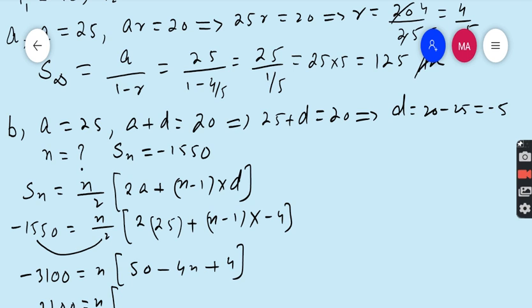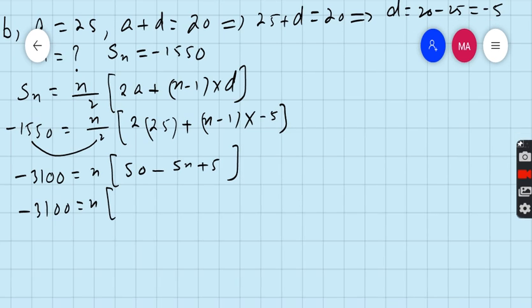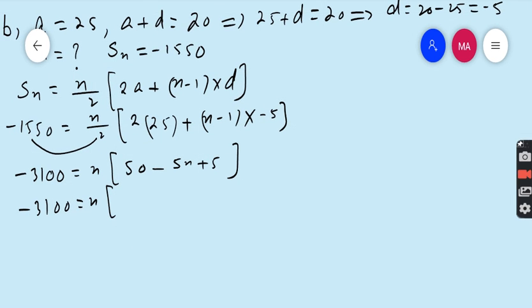So put minus 5 over here. So minus 5n plus 5. Sorry, this was a mistake. So 50 plus 5 is 55, minus 5n, minus 3100 is equal to n into 55 minus 5n.